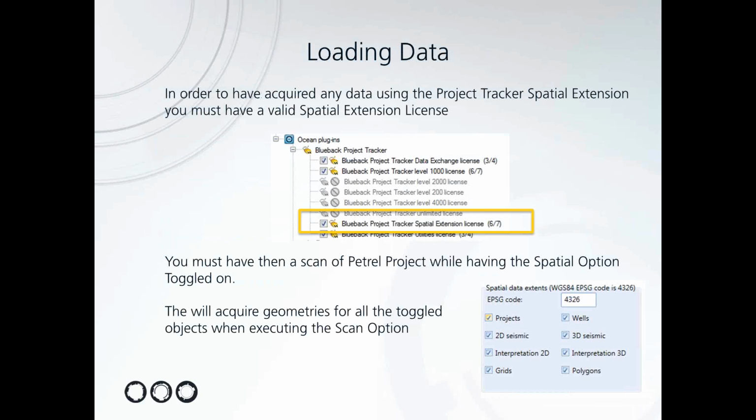In order to do this, you need to have a spatial extension license as part of your Tracker, and in your scanning options you specify which of the objects you would like to include in your spatial analysis, and of course which default CRS you can use.